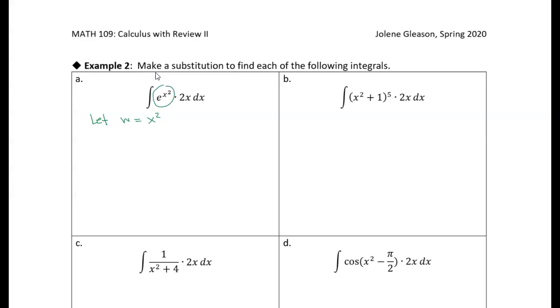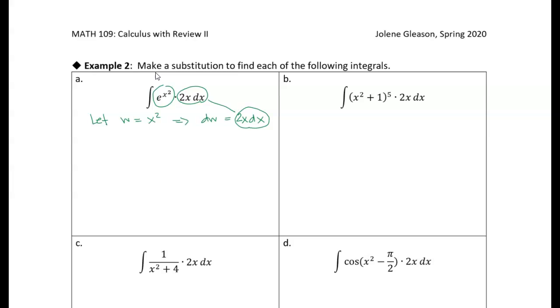And so that tells us that dw, we're going to take the derivative of this, and we get 2x dx.